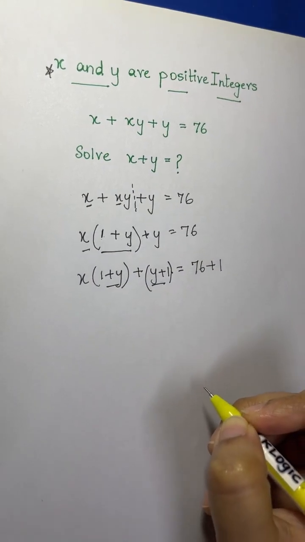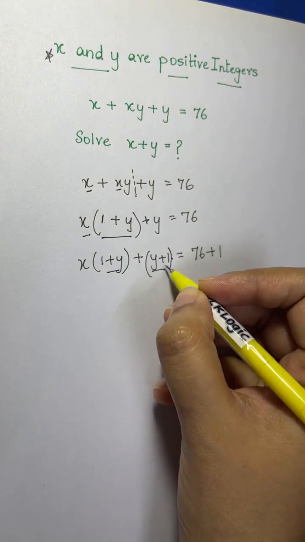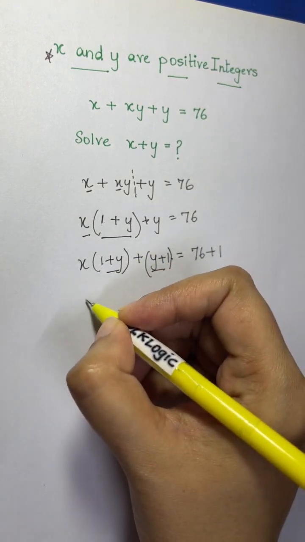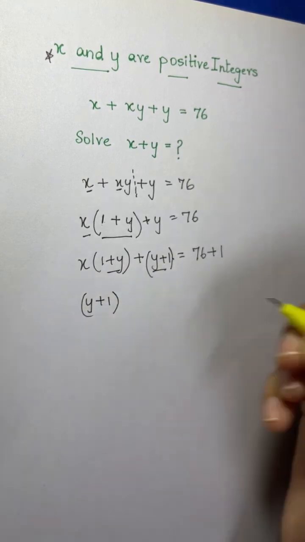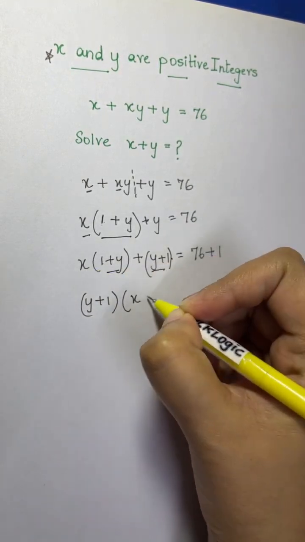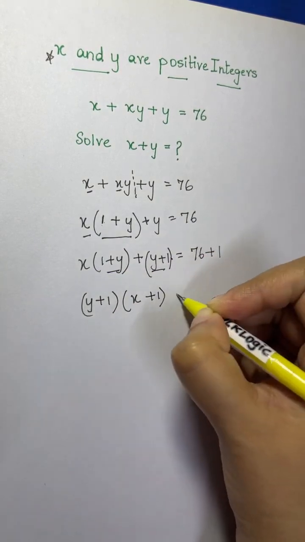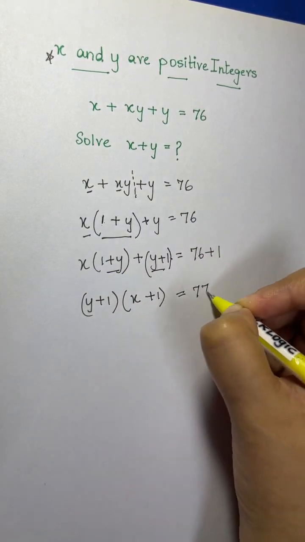Now what can you do? Y plus 1, again you can take out the common factor y plus 1 outside, and you're left with x plus 1, which is equal to 76 plus 1, that is 77.